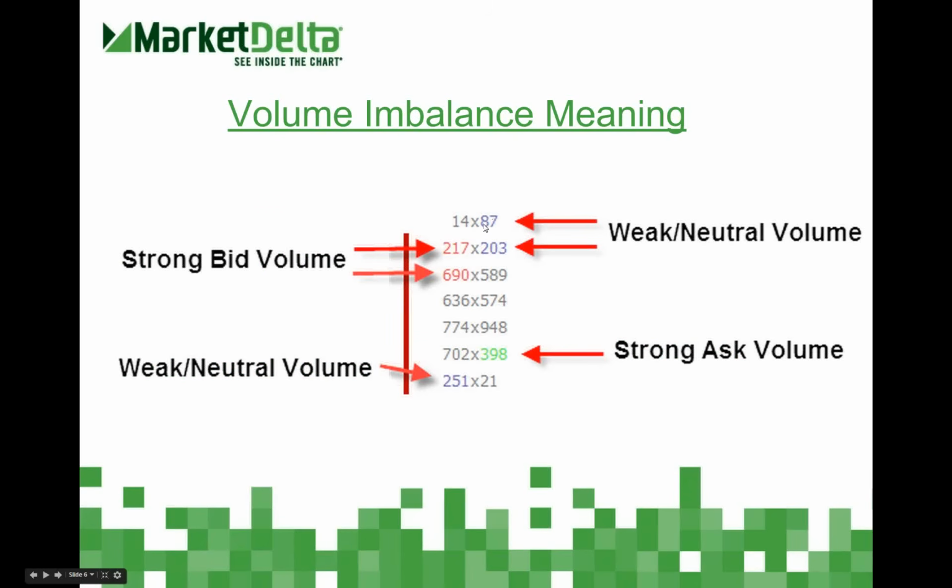And remember, the comparison is this price against this price, this one against this one, right? This one against this one. It's always that up and to the right comparison, if you want to think of it that way.